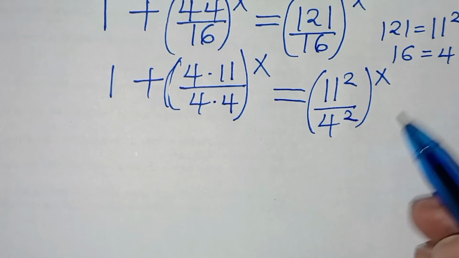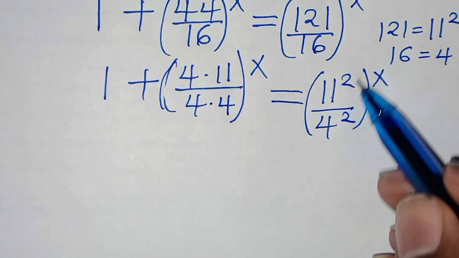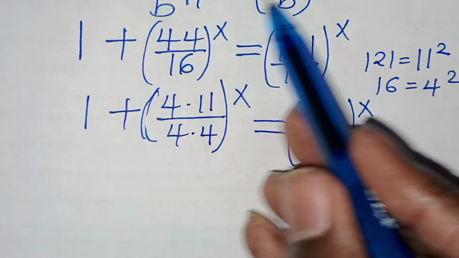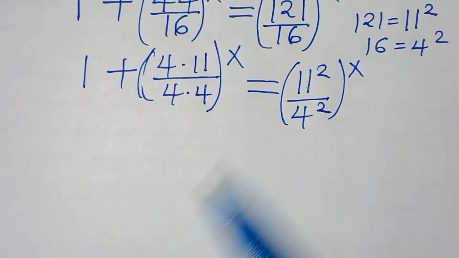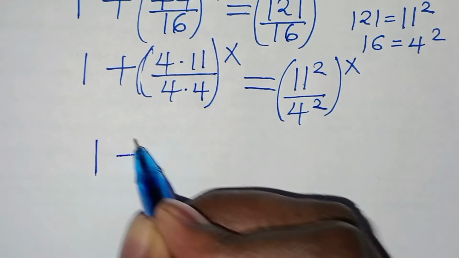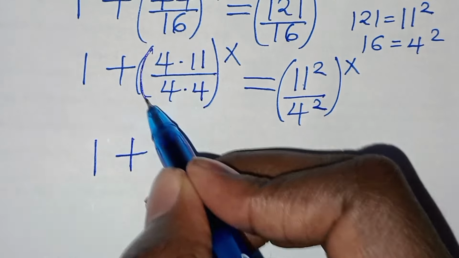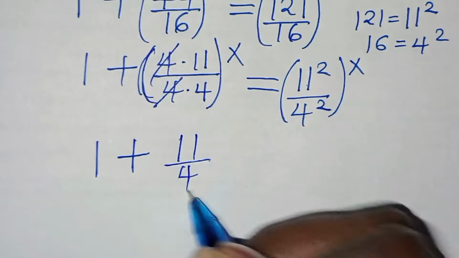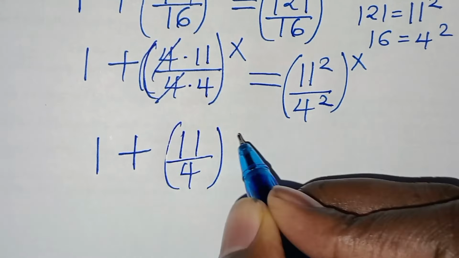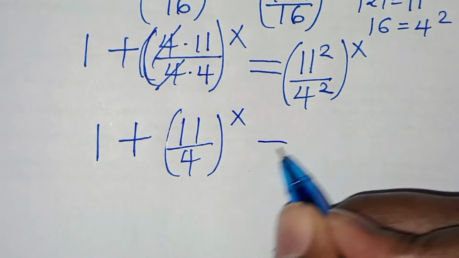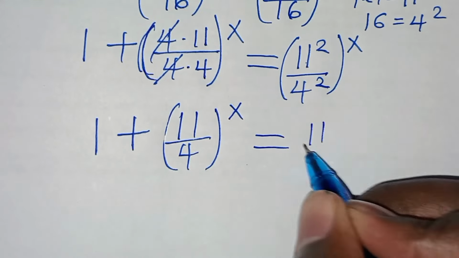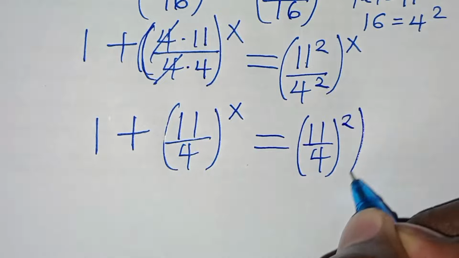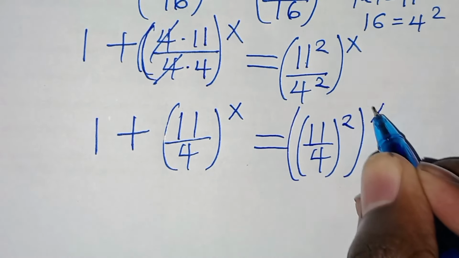Since the power 2 is common here, we can still apply this exponent property, so that now we have 1 plus, in the second part, 4 and 4 simplifies, so that we have 11 over 4 raised to the power of x. This is equal to 11 over 4 raised to the power of 2, then raised to power x.